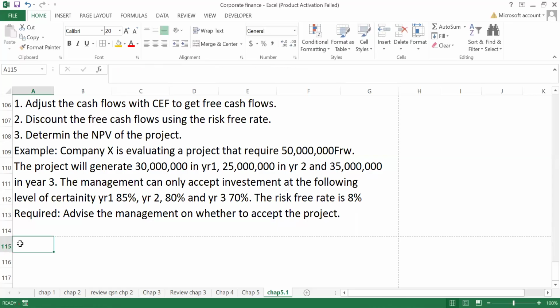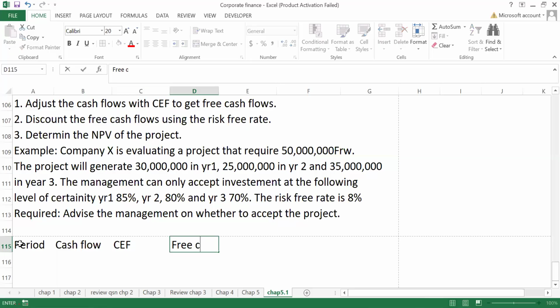So if we look at this, we have our period, the cash flows, our certainty equivalent factor, then the free cash flow, a discounting factor at 8%, and then the present value.